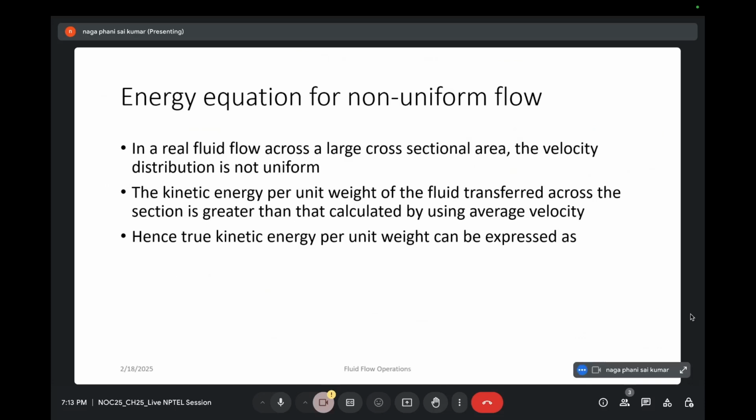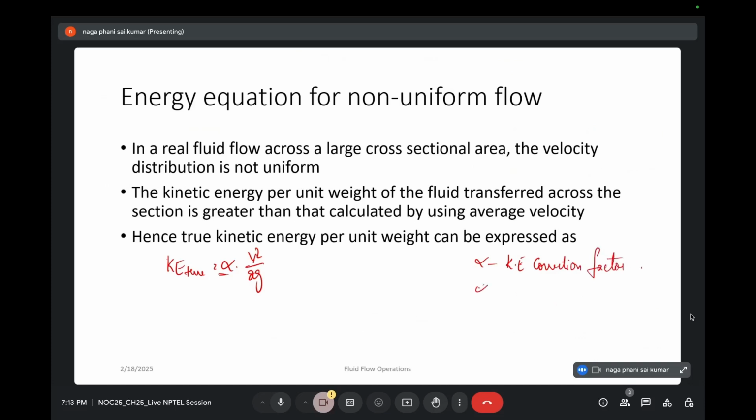So the true kinetic energy will be expressed as alpha into v square by 2g, where alpha is the kinetic energy correction factor.